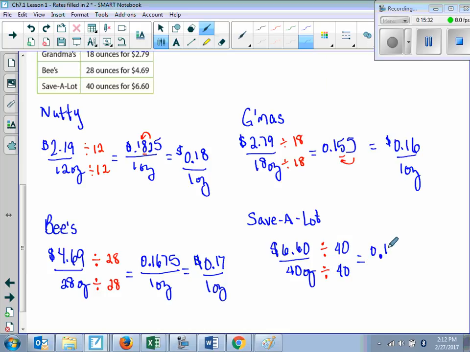0.165. Very good, 0.165 per ounce. So, once again, how much money is that? What is it? 17 cents. 17 cents. Now, we're going to have a dilemma here.